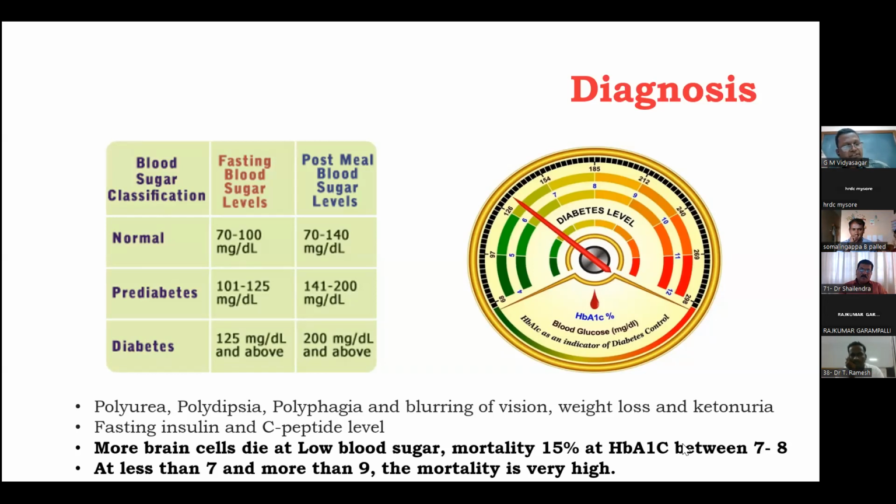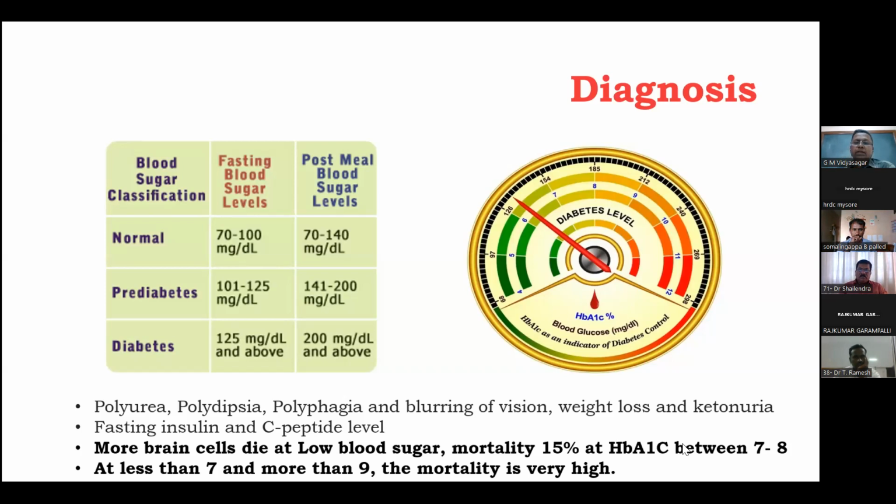And it varies from person to person. Every person is not similar in sensitivity to glucose. There will be some variations. Particularly in Indian populations, we have different ethnic populations, different food cultures, different geographic conditions, and different genetic makeup as well. Therefore, the same rules followed in Western countries cannot be applied to Indian populations.